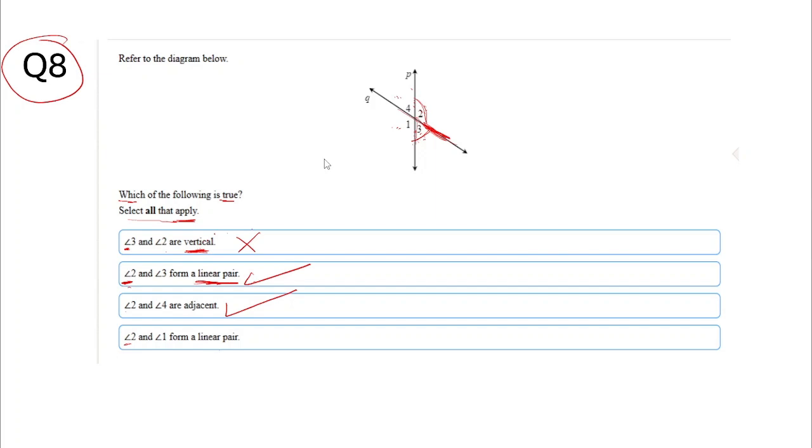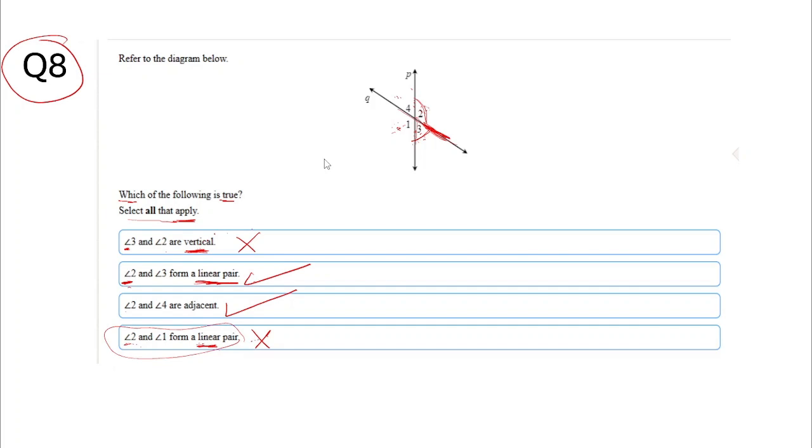Okay, 2 and 1: there is no common ray, and the other rays are not in opposite directions. So this answer is wrong. What is the correct answer for this one? It means angle 2 and angle 1 are vertical or opposite. If this option said vertical or opposite, this answer would be right. But now it's saying a linear pair, which is wrong.